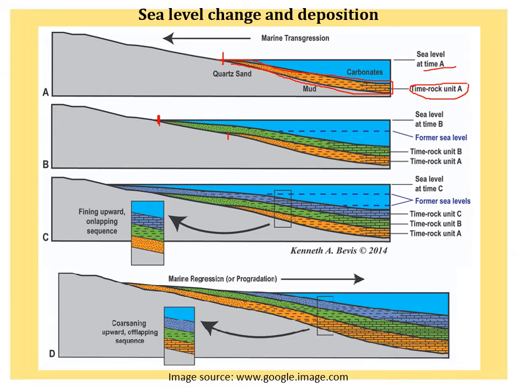So this is deposition at time B, when sea level is at time B. Again, if transgression occurs, again a time deposition unit is deposited: sand, then shale, then limestone. So we are getting 3 time rock units indicating deposition at 3 time intervals: time A, time B, and time C. They may be different litho units, but one common thing is that they are deposited within a single time.